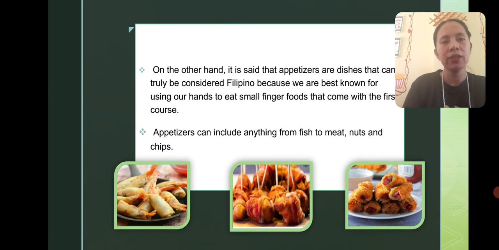On the other hand, it is said that appetizers are dishes that can truly be considered Filipino. Why? Because we are best known for using our hands to eat small finger foods that come with the first course. Appetizers can include anything from fish to meat, nuts, and chips.